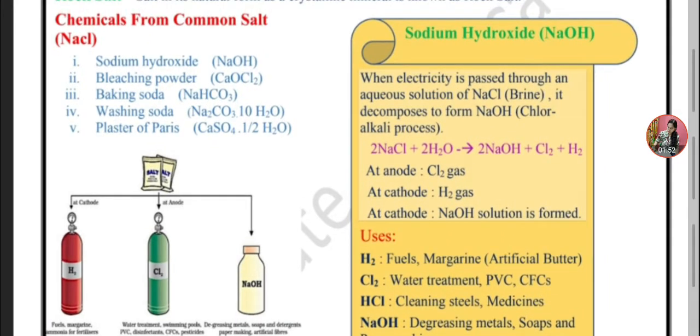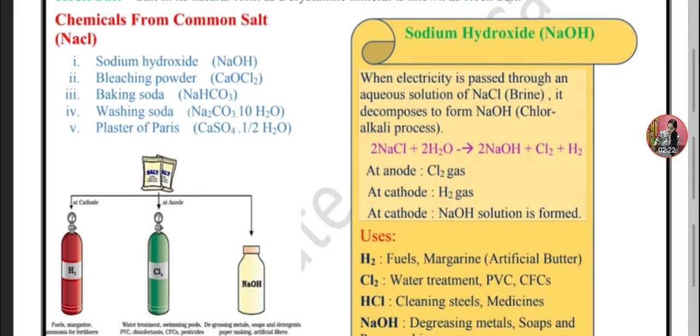Second is bleaching powder, CaOCl2, baking soda, sodium bicarbonate, that is NaHCO3, washing soda, sodium carbonate, that is Na2CO3.10H2O. Last one is our plaster of Paris, calcium sulfate hemihydrate. Hemi means half molecule of water. Formula is CaSO4.1/2H2O.